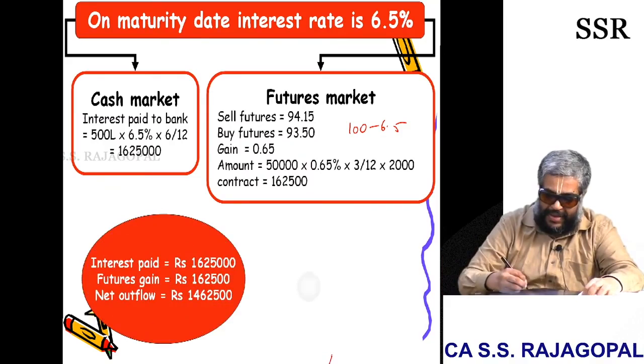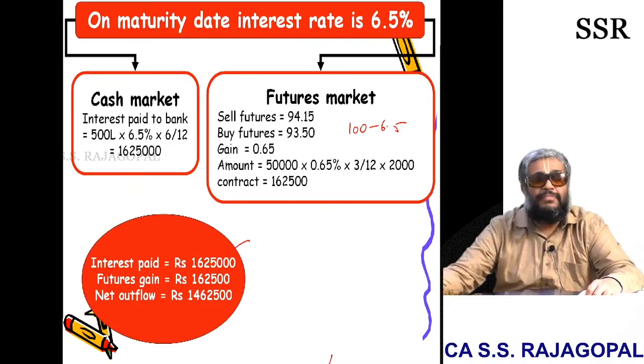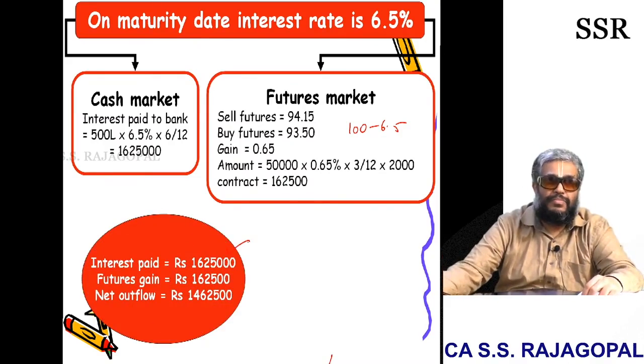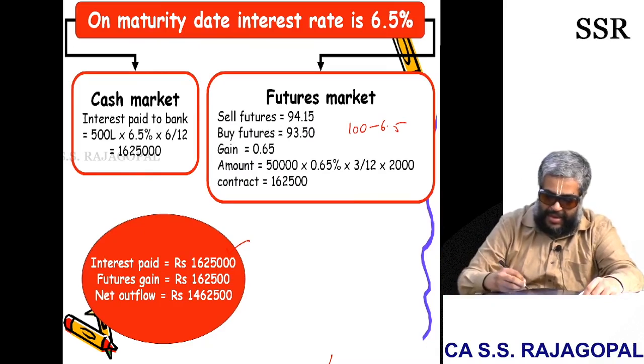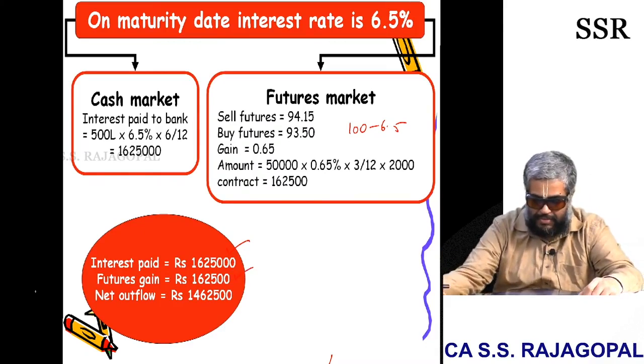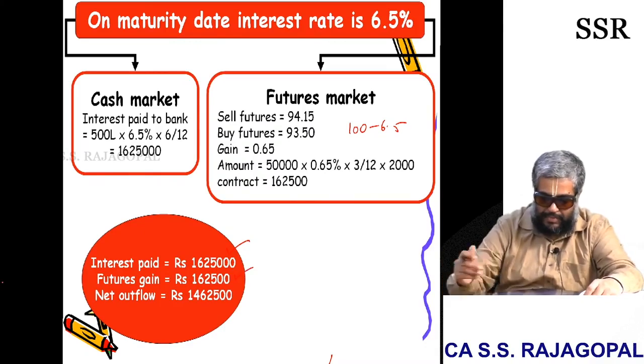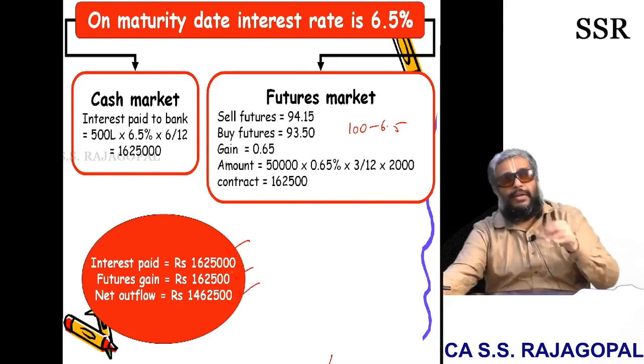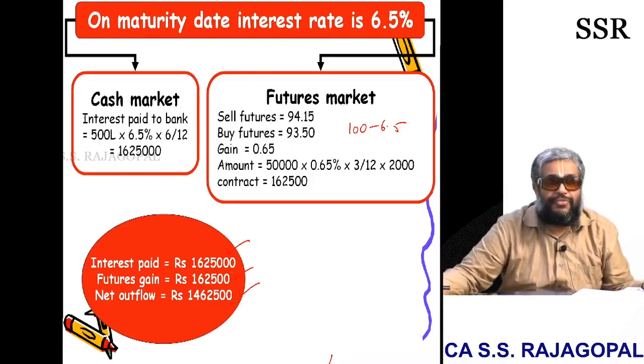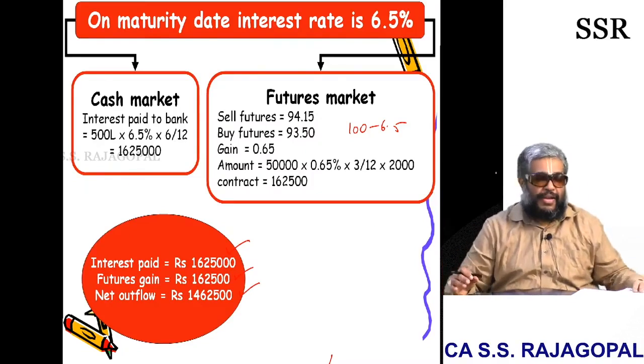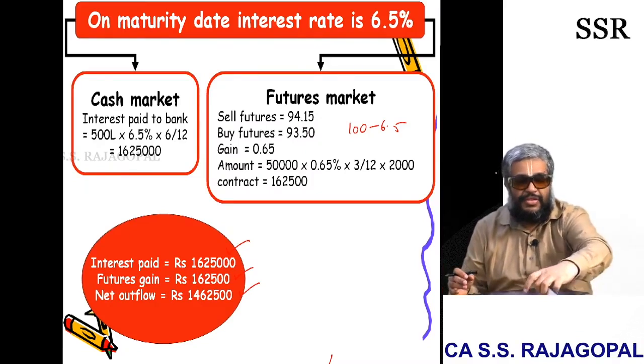So interest paid 16,25,000. Futures gain 1,62,500. Net outflow 14,62,500.